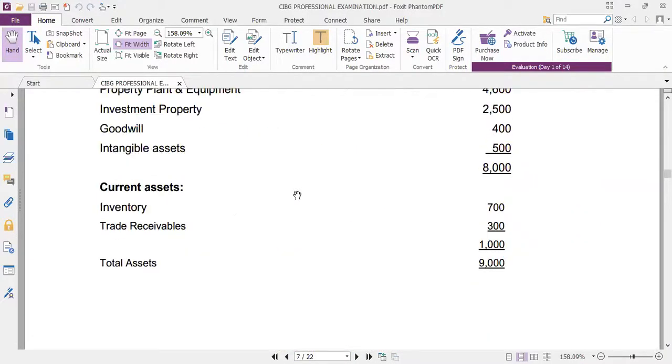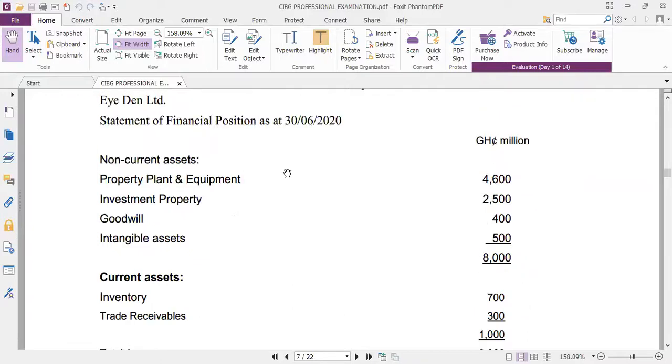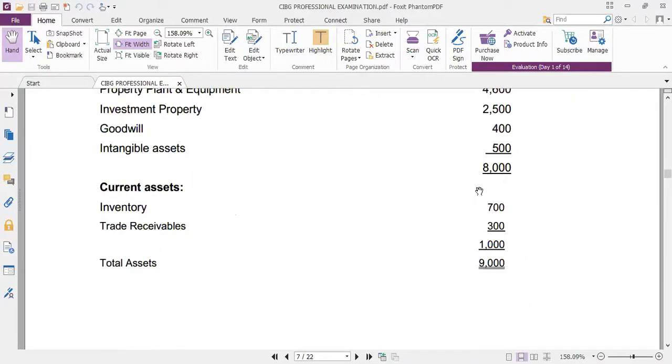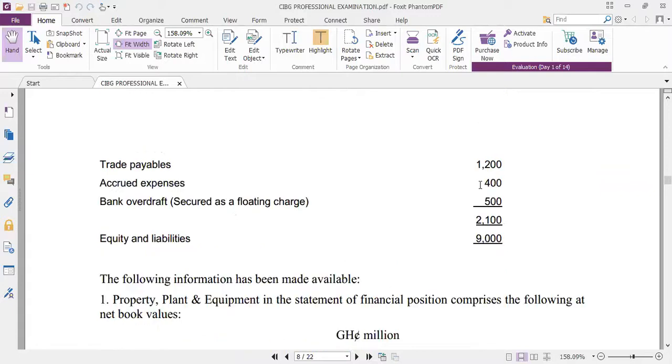So the first one is the PPE. There's a breakdown, so let's pick the breakdown instead.